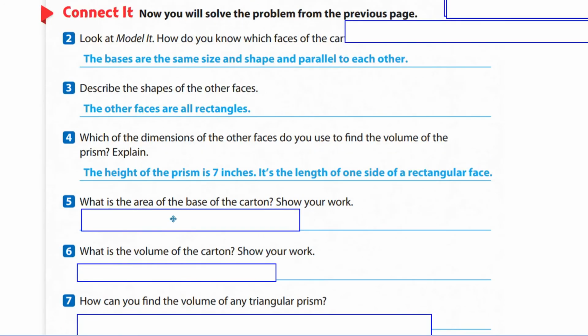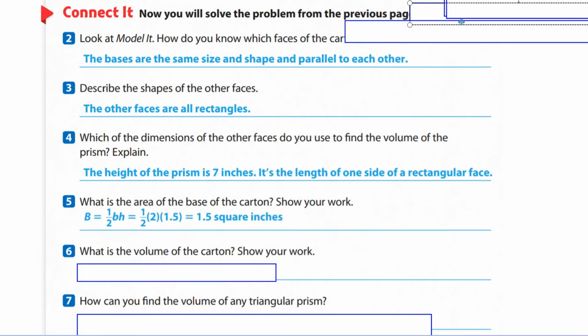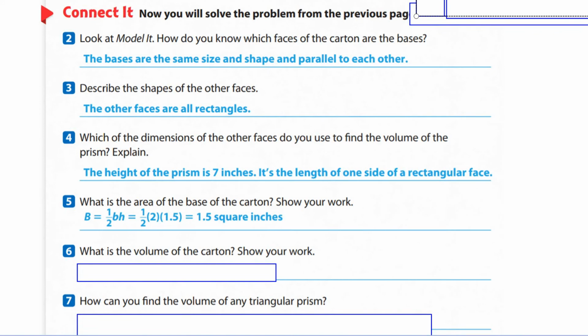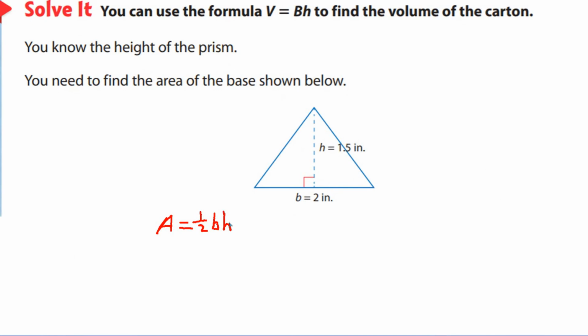Question 5. What is the area of the base of the carton? Show your work. So they took the formula, the one I gave you. Area equals 1/2 times base times height, right? Let's do this out right here so you can compare your answer. 1/2 times base, I'm going to put it in parentheses so I don't get confused, times the height, which is 1.5 inches. 2 times 1.5 is 3.